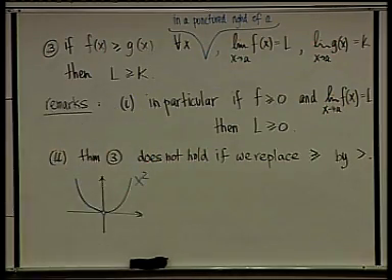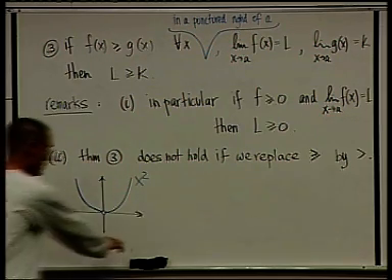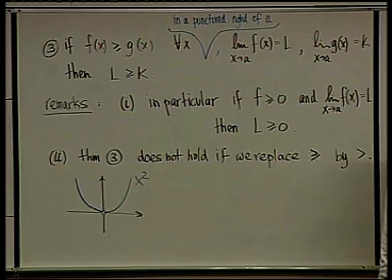I have what, 5 minutes left. Let me prove one of these, just so we get some flavor, and we'll continue with more of these theorems and more examples next time.